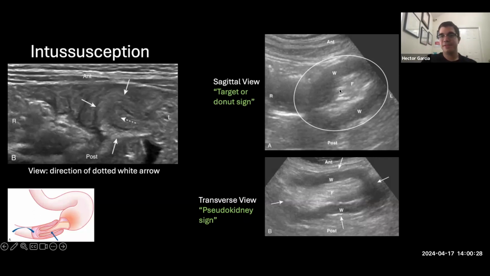High yield for exams. Now, in the transverse view, we see a target or donut sign. If they ever describe it to you in the exam, they will say the target or donut sign, or describe it. What they're describing is this hypoechoic bowel that surrounds the other one, kind of like it's eating the other bowel.